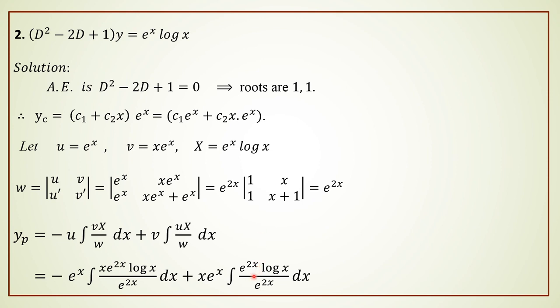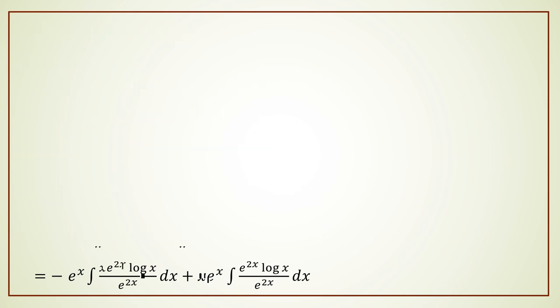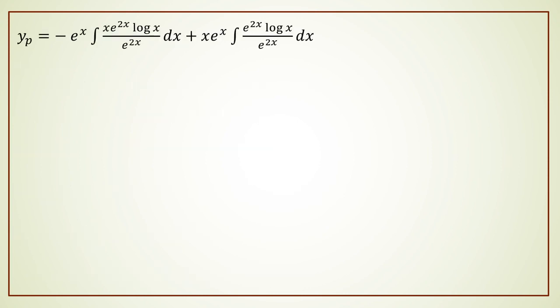So the term becomes e to the power 2x into log x divided by e to the power 2x and the integral is with respect to x. Now just cancel the terms e to the power 2x over here, and simplify the integrals.